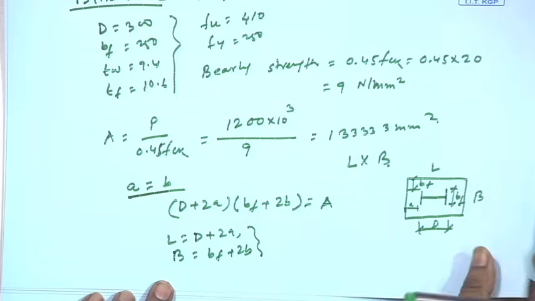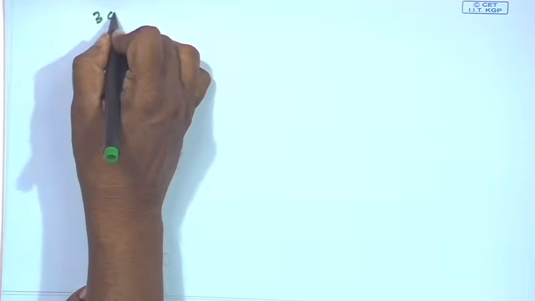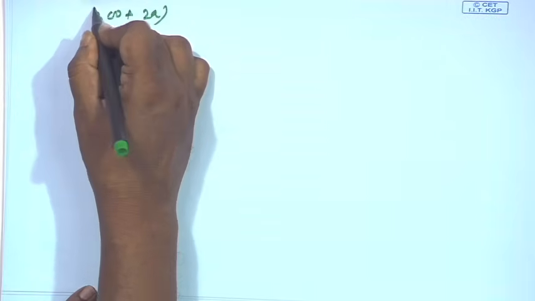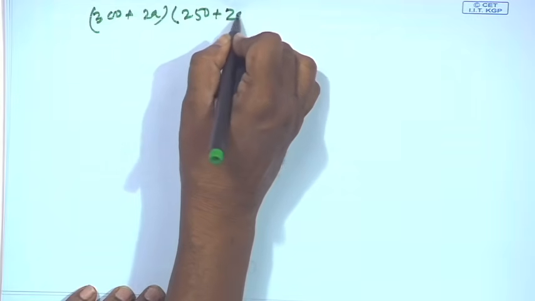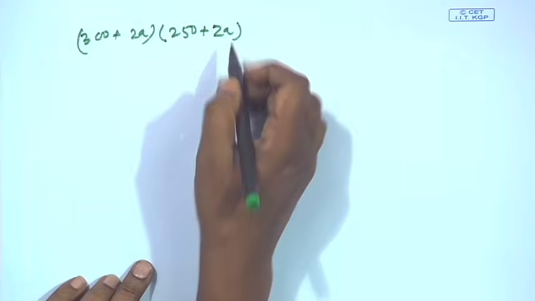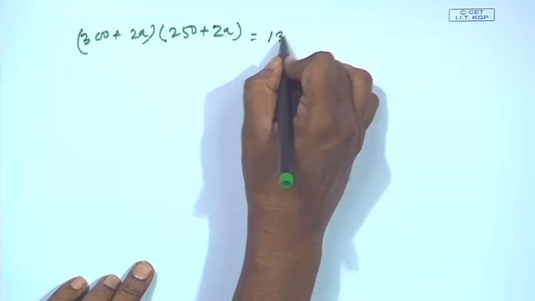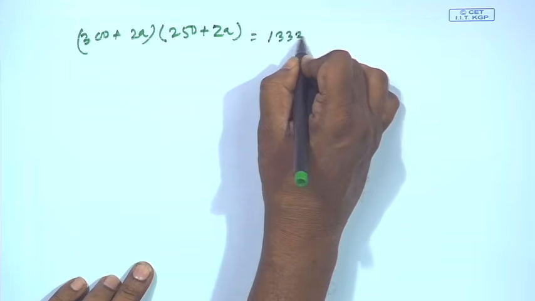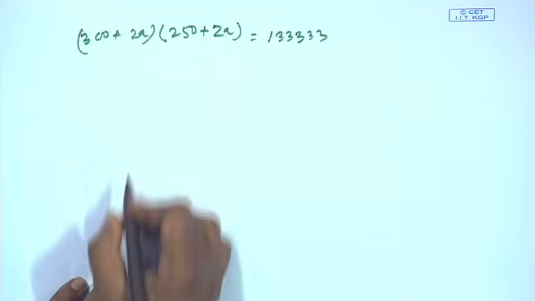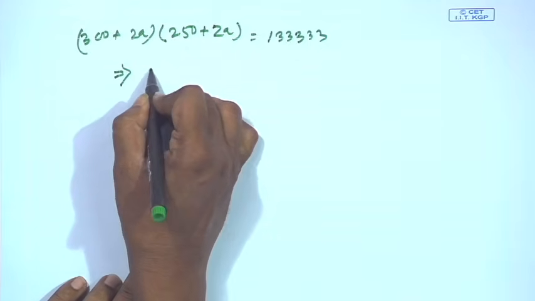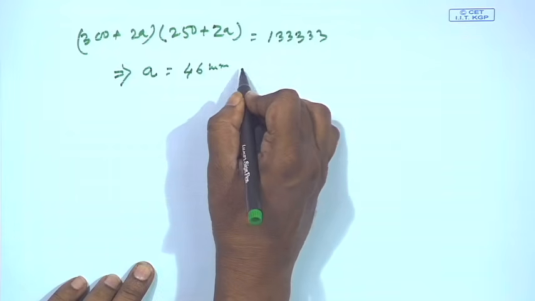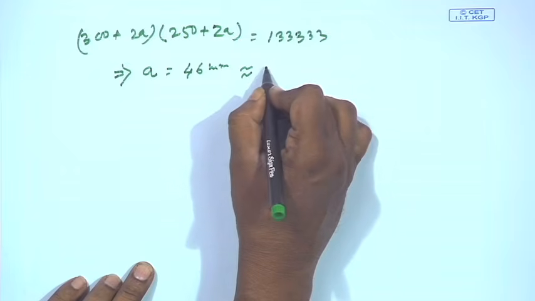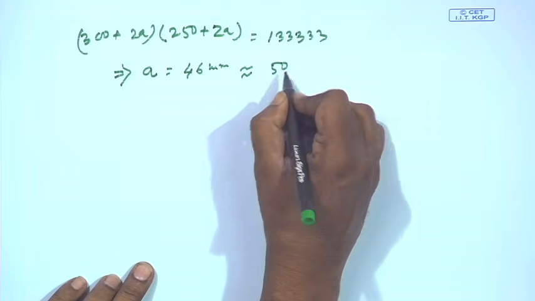So, now if we put this value, we get (300 plus 2A) into (250 plus 2A), because A and B we kept the same, is equal to 133,333, right, and from this finally we can find out the value of A as 46 mm, and we can consider a little higher side, say 50 mm.